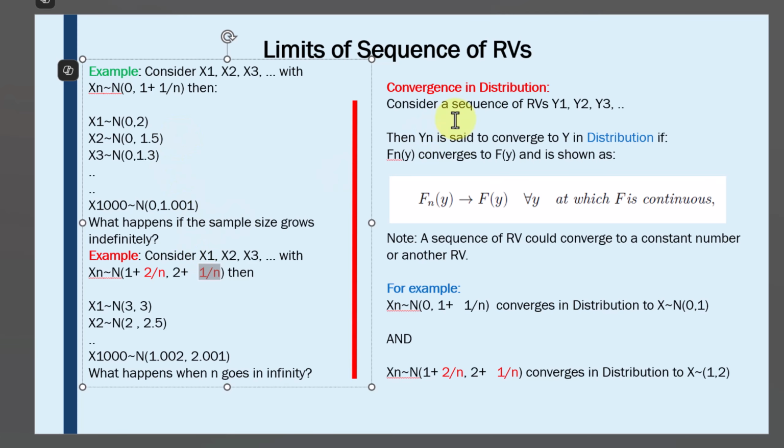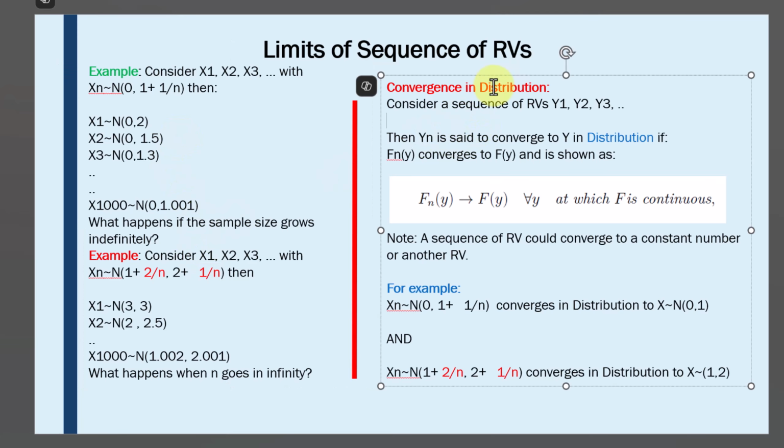Considering these two examples, let's define the first type of convergence of a sequence of random variables, which is called convergence in distribution. Consider a sequence of random variables Y1, Y2, Y3, and so on. Then Yn is said to converge to Y, which is another random variable, in distribution if the CDF of Yn converges to the CDF of Y, as shown. This is nothing but those examples which we have seen.